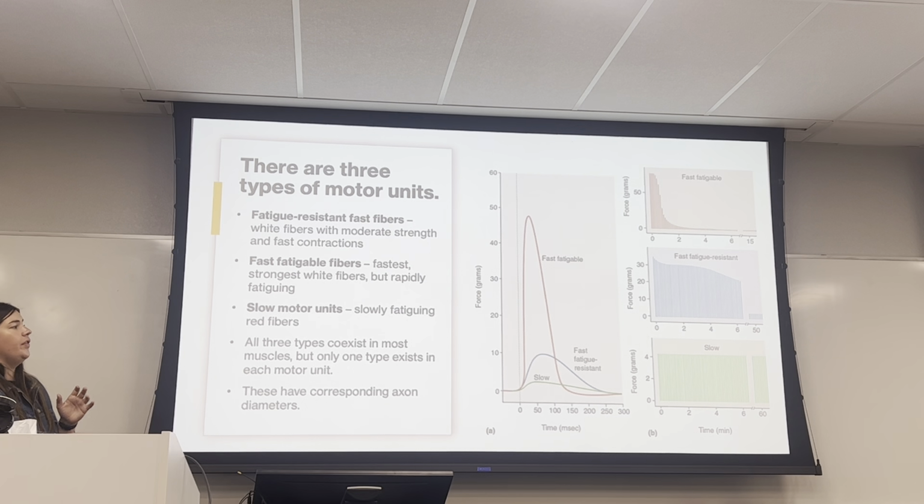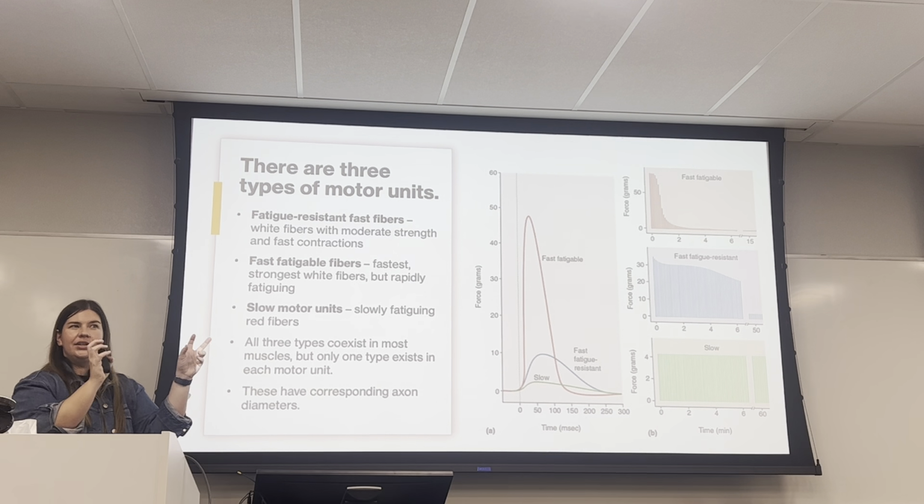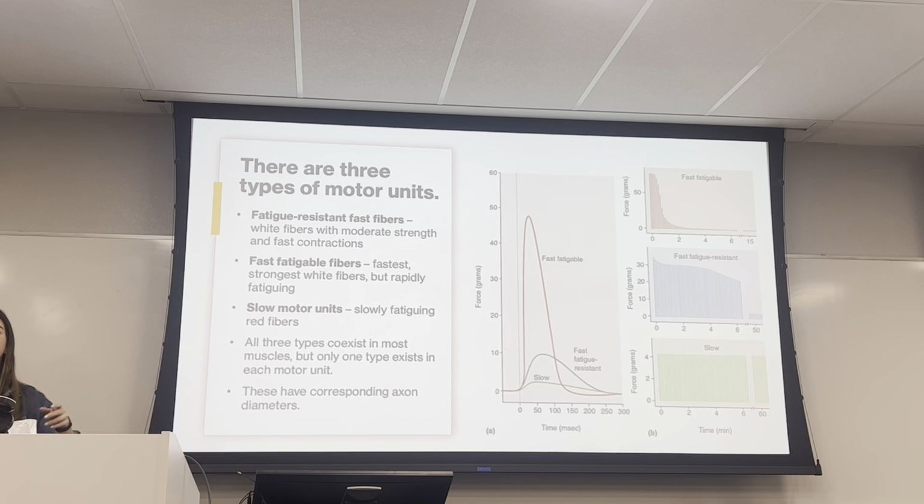If we were to go on the opposite end and look at the fast fatigable fibers, these fast fibers are innervated by a corresponding fast neuron, and they send really quick bursts of action potentials, but it's just a burst. It's not a continued release of those quick action potentials.